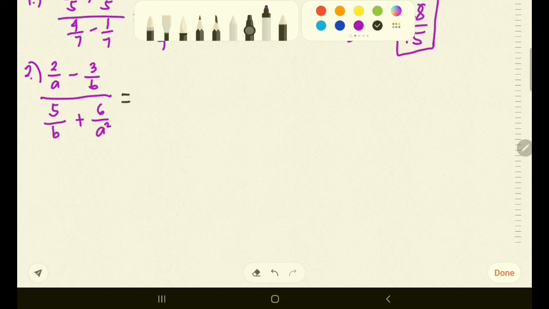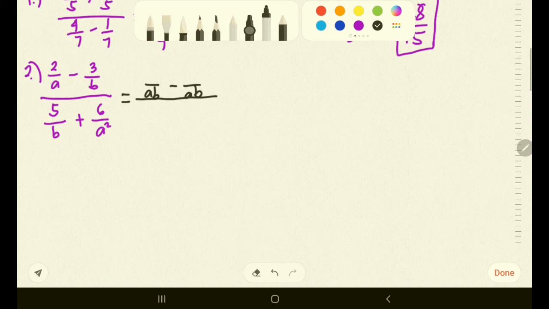So class, as I've said, we simplify the numerator and denominator first. For your numerator, since they are dissimilar rational algebra expressions, you look for their LCD, which is ab.